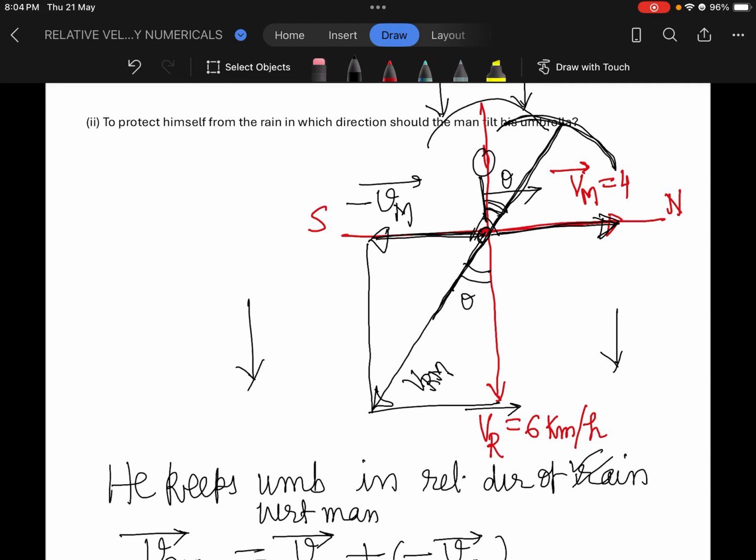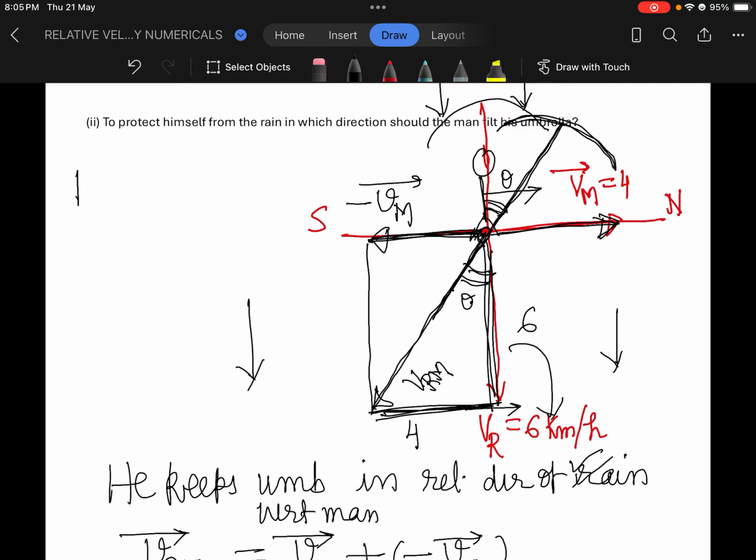By using this right angle triangle, you can find this theta. With respect to theta, this is the magnitude of negative vector Vm, which is 4. And this is Vr, so it is 6.